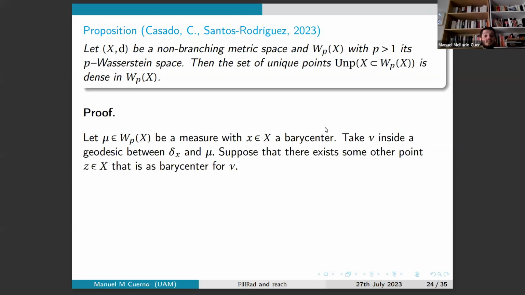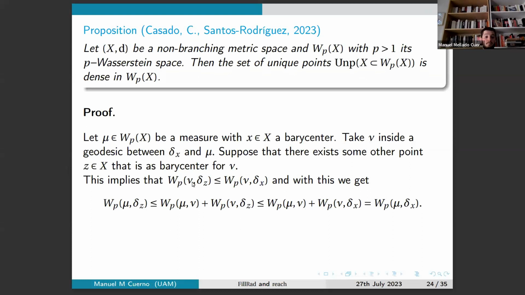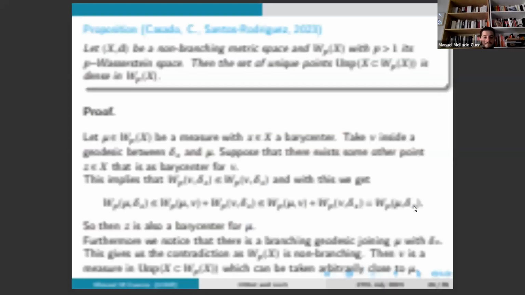Now suppose that there exists some other point Z in our metric space that is a barycenter for mu. This implies that the Wasserstein distance between nu and delta Z will be less than or equal to the Wasserstein distance between nu and delta X. Applying the triangle inequality, the distance between mu and delta Z will be less than or equal to the distance between mu and delta X. So Z will also be a barycenter for mu.